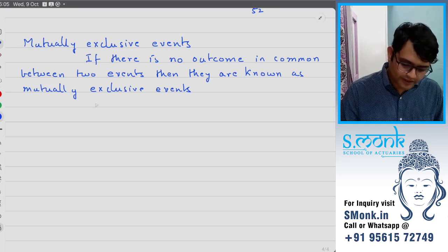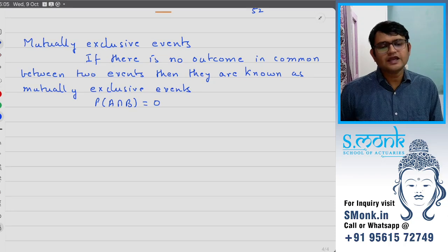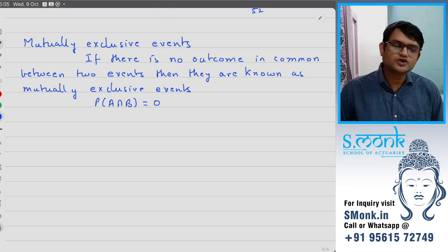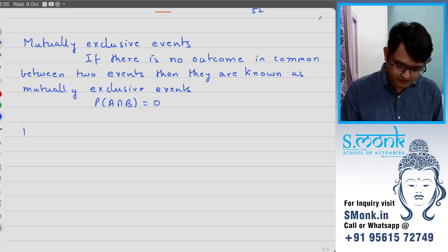No outcome in common, that means we are talking about intersection. So we are saying the probability of A intersection B will be equal to 0 because there is no outcome in common. That is what we'll call mutually exclusive events.